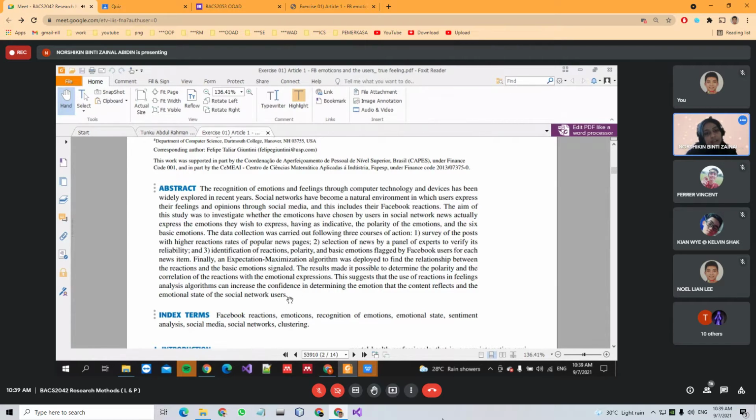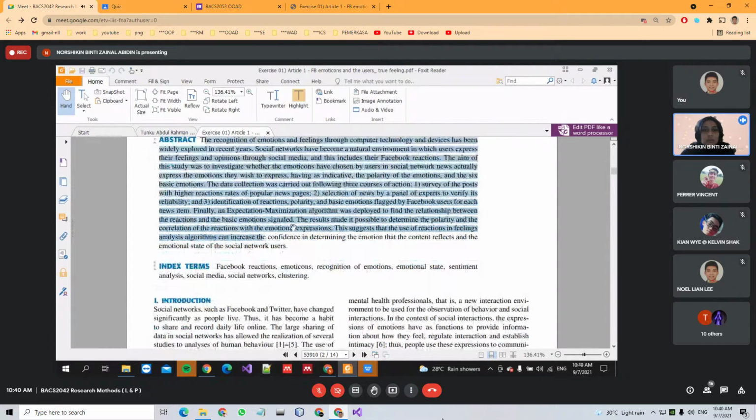If I think the content in the abstract is relevant, I'll read the whole paper. But if I find from the abstract that the article is not relevant to me, then I will skip it. But for you guys, it's important to read the whole paper because you are still new. I'm not saying that I'm a pro, but I'm familiar with research, so I know what's important to my research. So that's the abstract part.